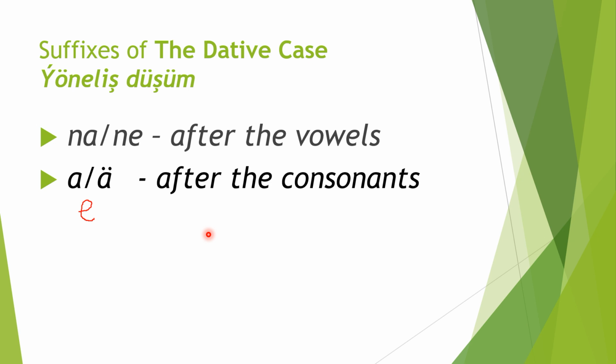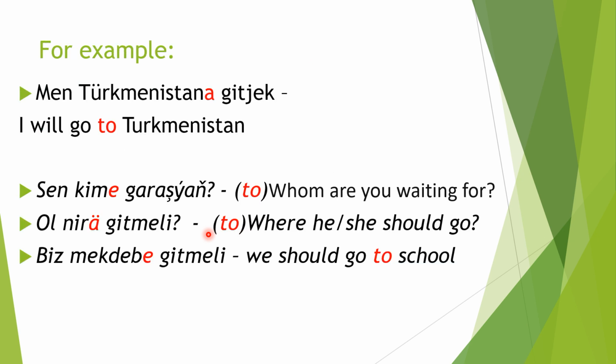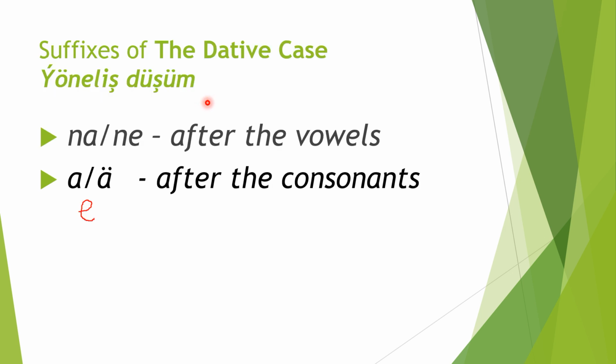For example, Men Turkmenistan'a gidecek. So where is the suffix? The suffix is here, a. Turkmenistan ends in the consonant n. We added the vowel because, as I told you, after the consonants we add a or e, and after the vowels, na, ne.